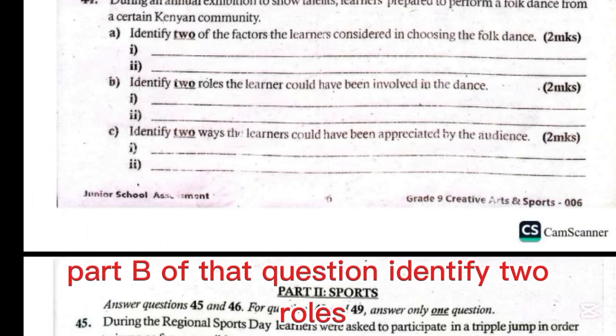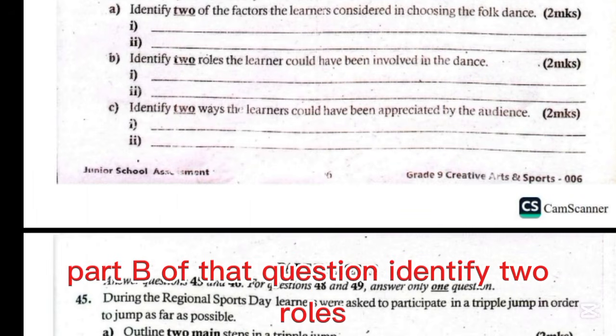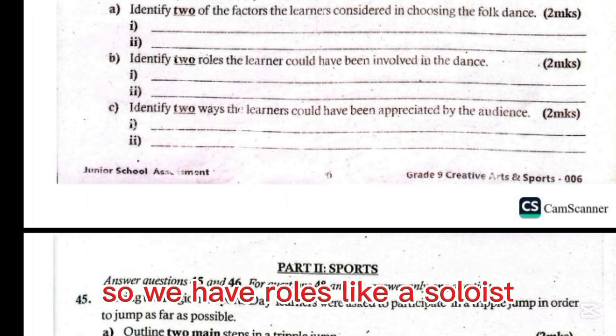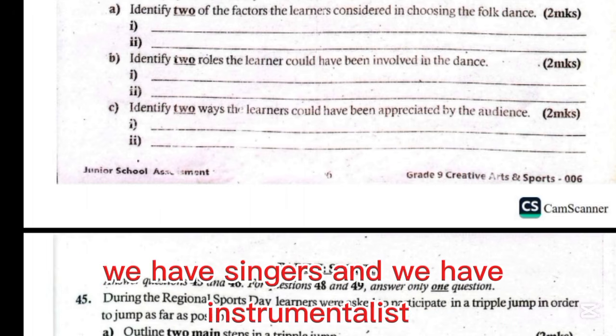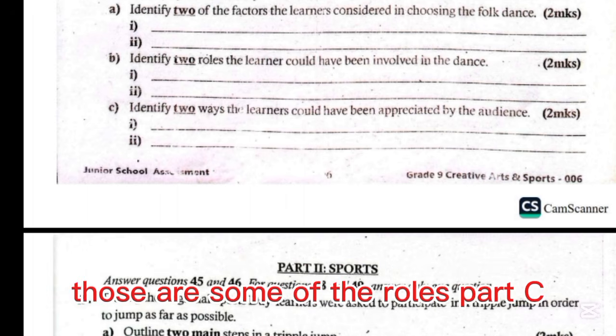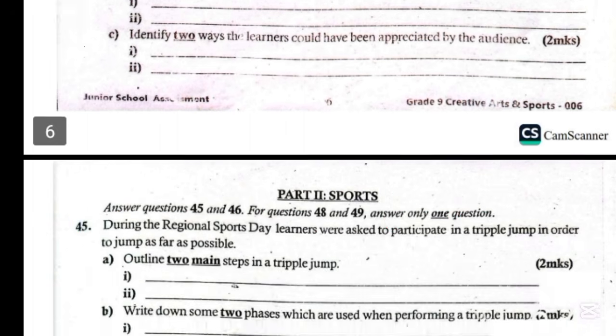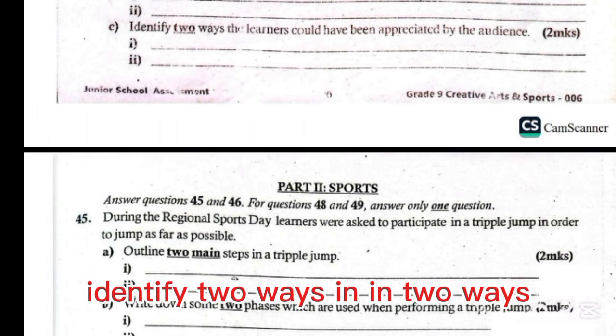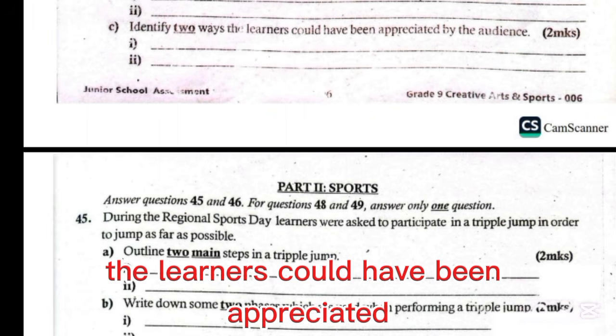Part B of that question, identify 2 roles that the learners could have been involved in the dance. We have roles like soloist, singers, and instrumentalists. Those are some of the roles. Part C, identify 2 ways the learners could have been appreciated by the audience.